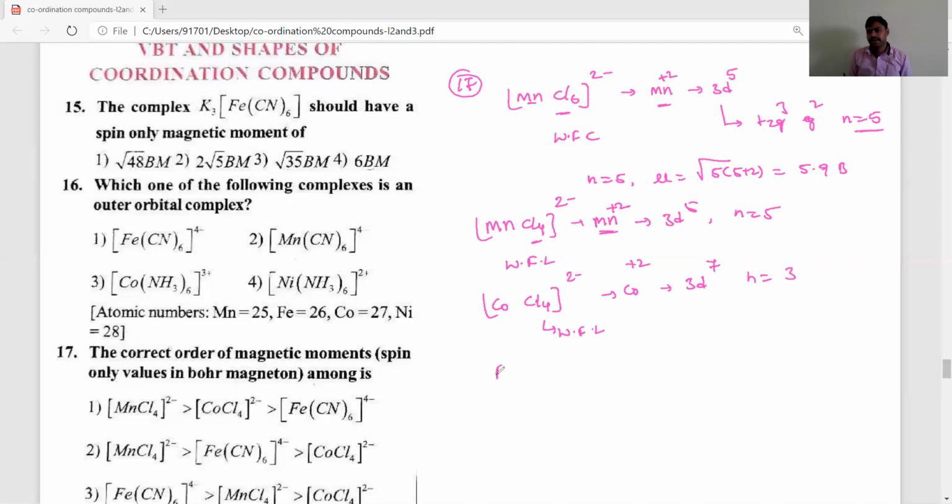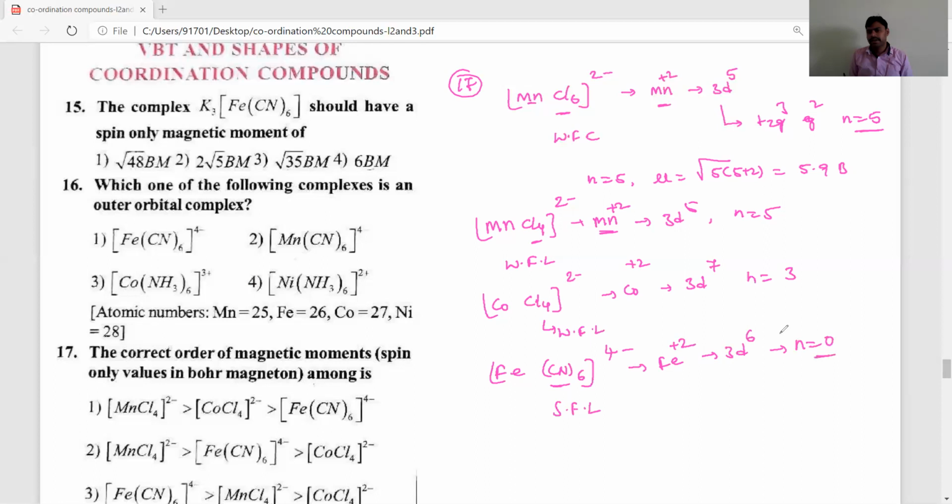And the third complex is [Fe(CN)6]4-. It is a coordination number 6 octahedral complex, and CN is a strong field ligand. With strong field ligands, electron pairing takes place against Hund's rule. Here the iron oxidation state is +2, which means 3d6, so n is equal to 0.